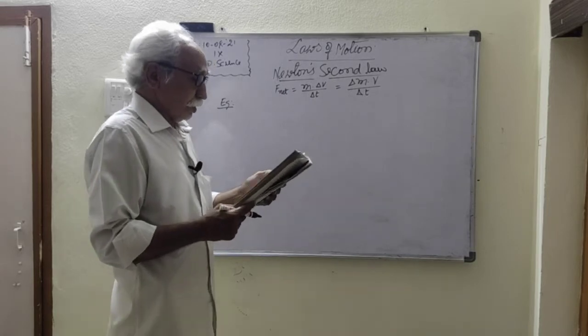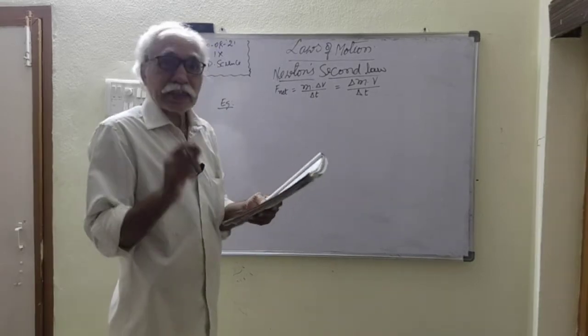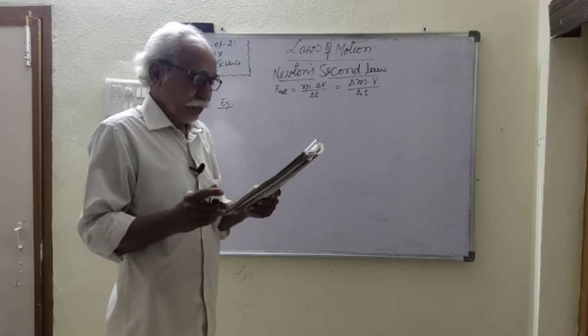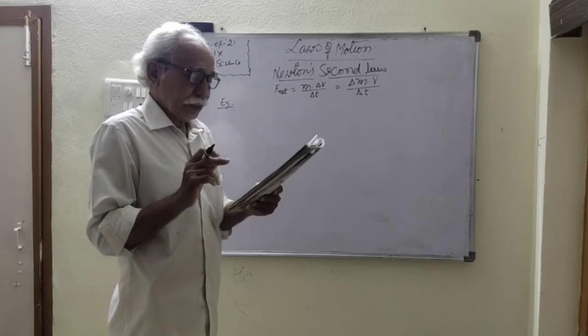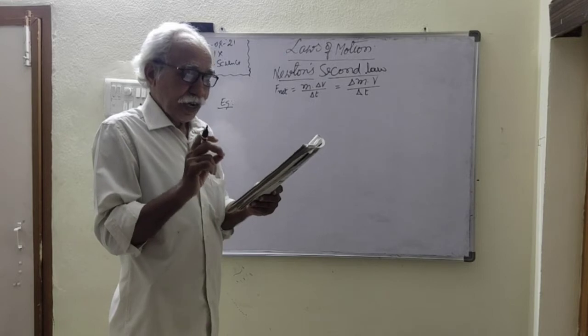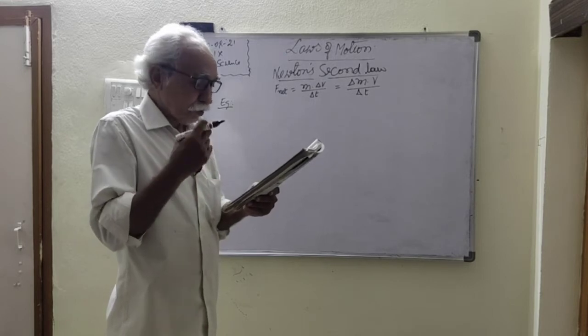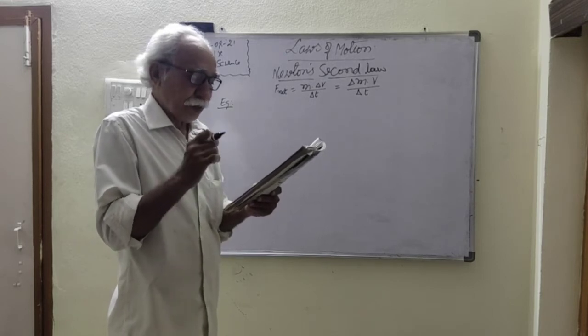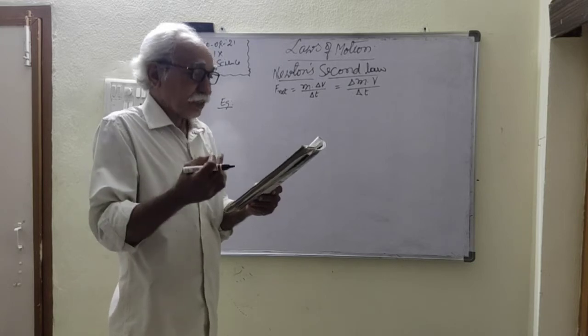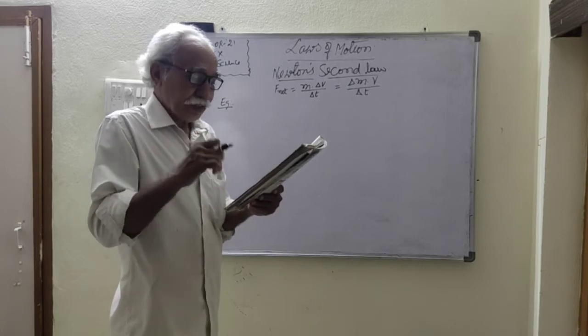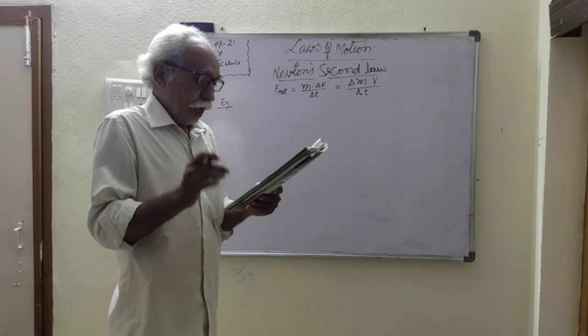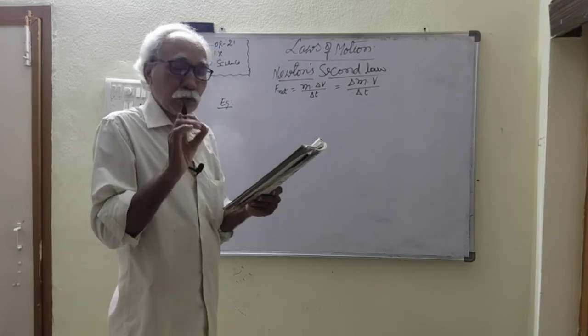A mat of mass 1 kg and length 1 meter is placed on the floor. One end of the mat is pulled with a constant speed of 1 meter per second towards the other end, till the other end comes into motion. How much force is required to do this?